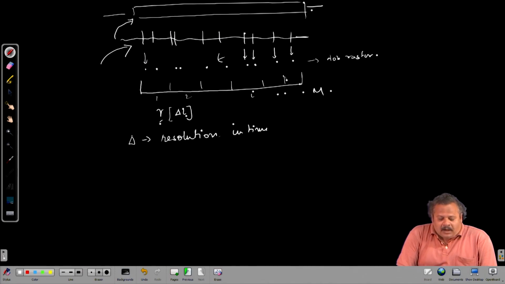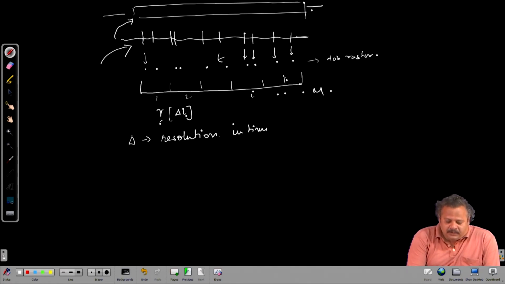R represents the rate, or the number of spikes divided by delta, that occur in that window, from (i minus 1) delta to i delta.